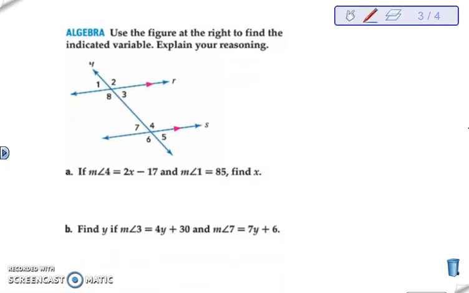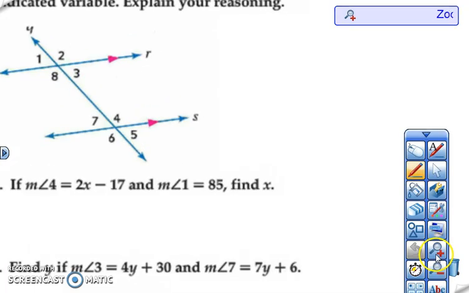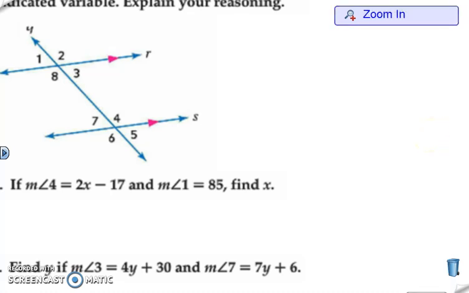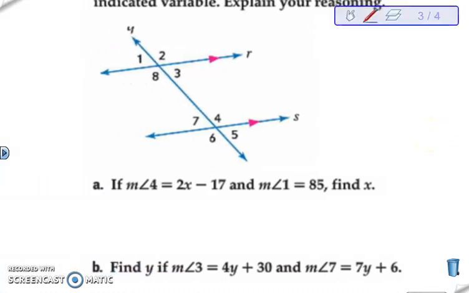Okay, so we're going to use the figure to figure out the indicated variable. So we're taking what we just did, but applying some algebra to it. So it's going to be a little bit more work, but the principle we're using is the same. So we notice they told us on part A that the measure of angle 1 is 85.